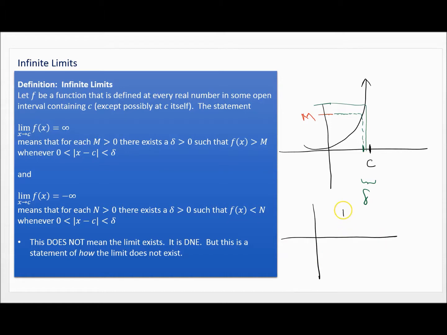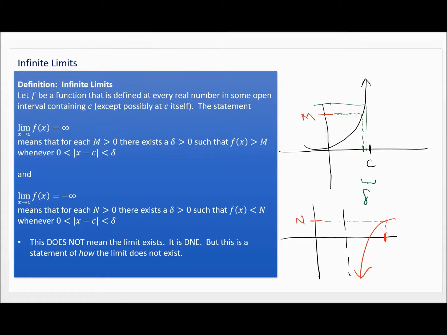First of all, let's say we have a graph going to negative infinity. See that guy's going to negative infinity, right? Now it says for each n greater than 0, there exists a delta greater than 0, such that when f of x is less than n. Okay, so let's just say n is right here. Now we backtrack, right? That takes us right here. By the way, this is our c value.